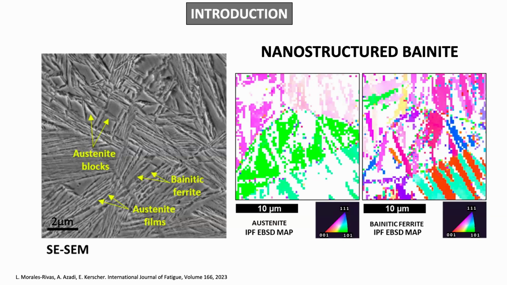The orientation of austenite obviously remains that of the prior austenite, and for the bainitic ferrite we can observe what look like grains of this phase, but in fact we know that inside these grains we have both phases, FCC and BCC. The thing is, as I mentioned before, the austenite can be so fine that we don't have enough resolution to observe it by EBSD.